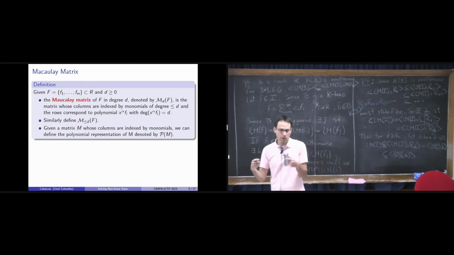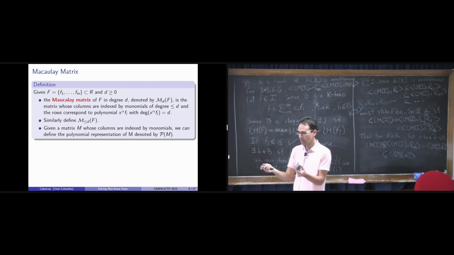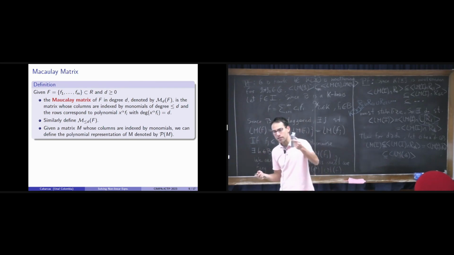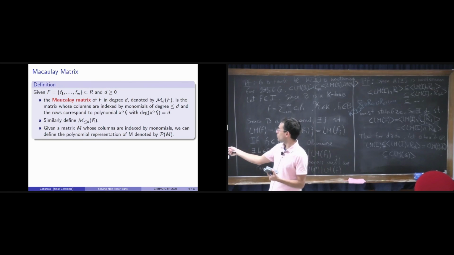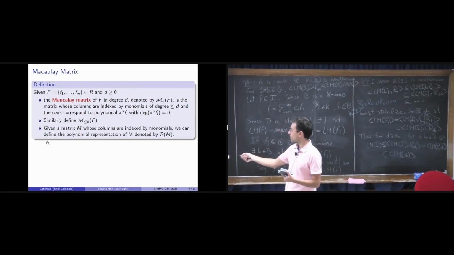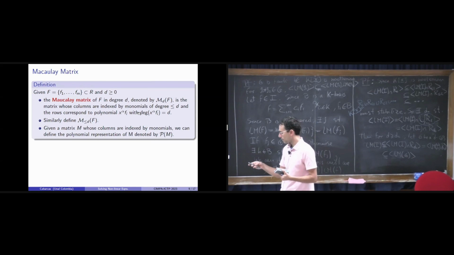You can also go back: if you had a matrix where the columns are indexed by monomials, you can get back the polynomials. Given such a matrix M, the polynomial representation of M will be denoted as P of M.